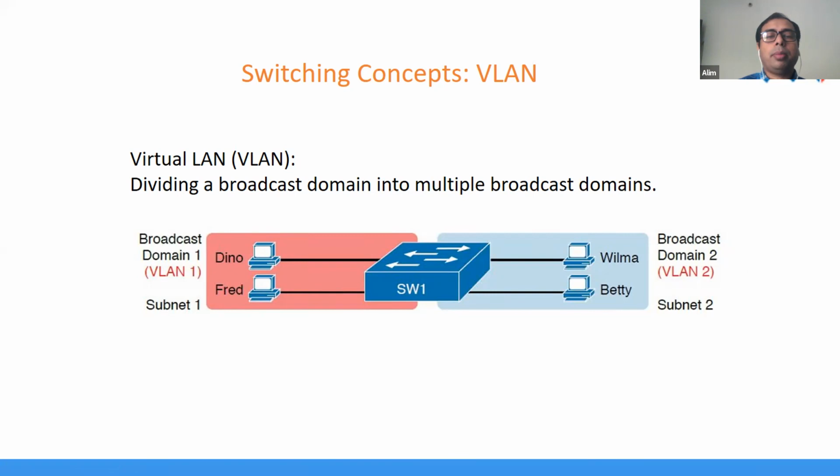So mainly virtual LAN, or VLAN, divides the broadcast domain, because you know that a whole switch generally is in one broadcast domain, and by default every port of a switch is a member of VLAN 1, which is the default VLAN.